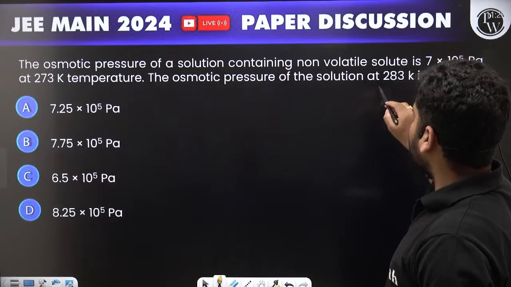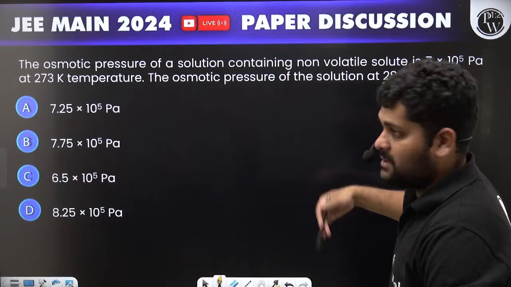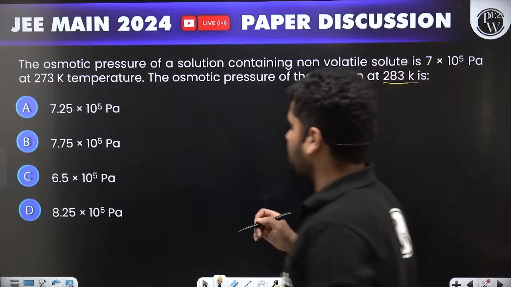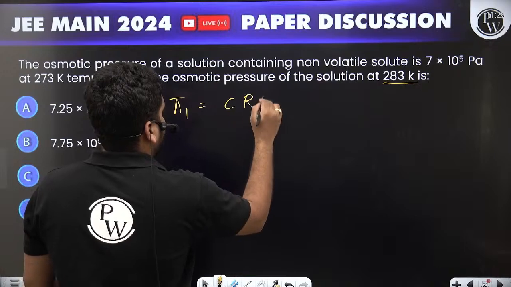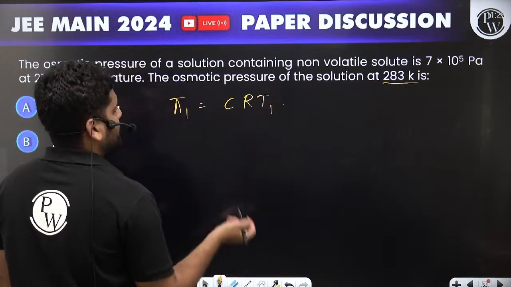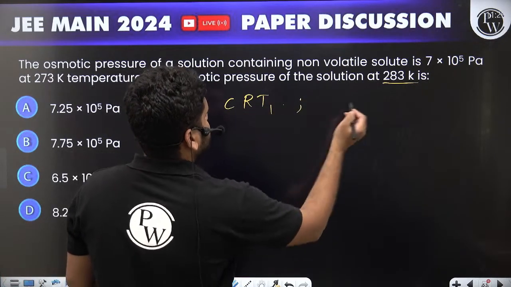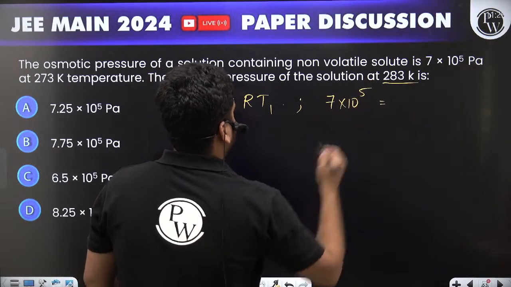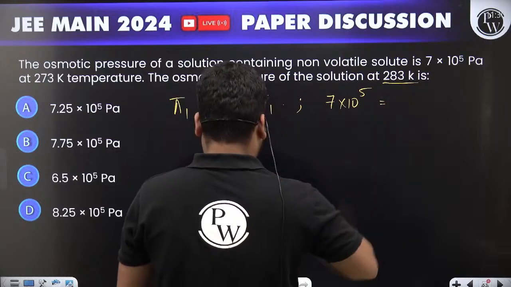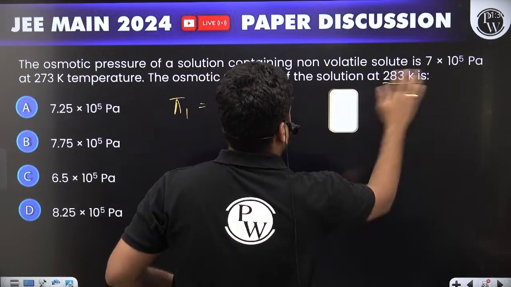Osmotic pressure of the solution at 283 Kelvin. The same solution, which means same concentration would be there. Let us consider this as pi 1, which would be equal to CRT1. Okay, what is the value of pi 1? Pi 1's value is 7 into 10 to the power 5 is equal to CR. I do not bother about C and R. So let us put it like this.